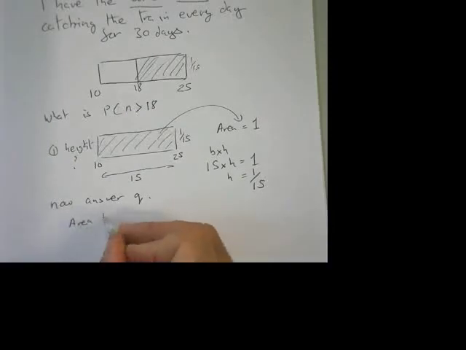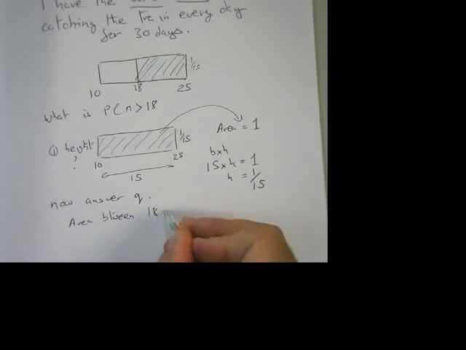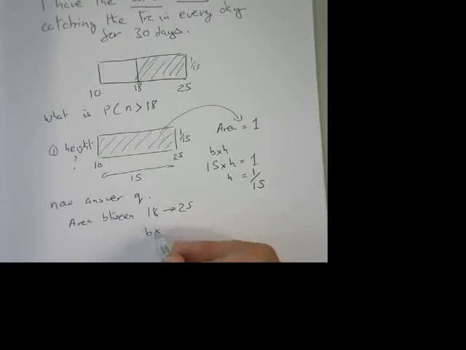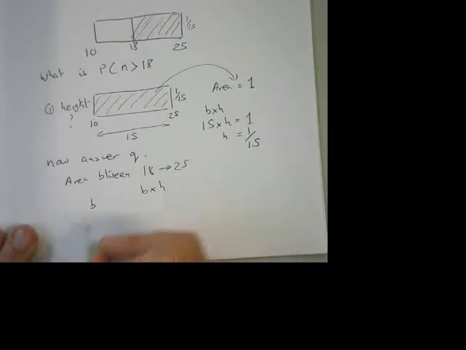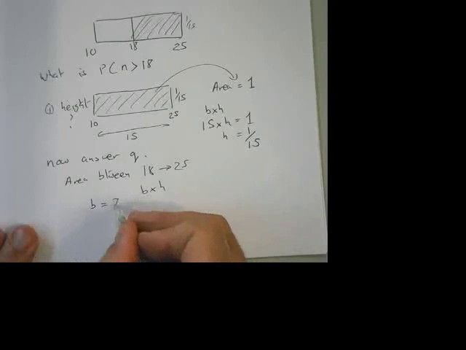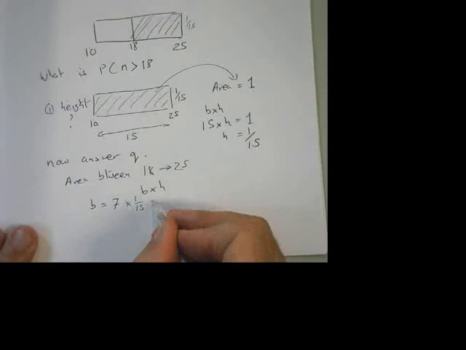So what we can now say is that the area between 18 and 25 is the base times the height, and the base in this case is 7, isn't it? Equals 7 times 1/15 equals 7/15, which is the answer.